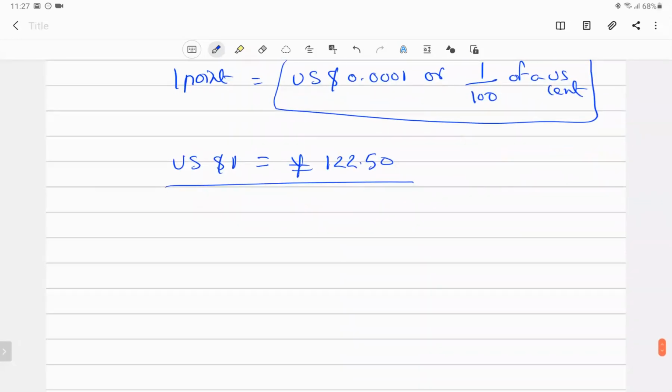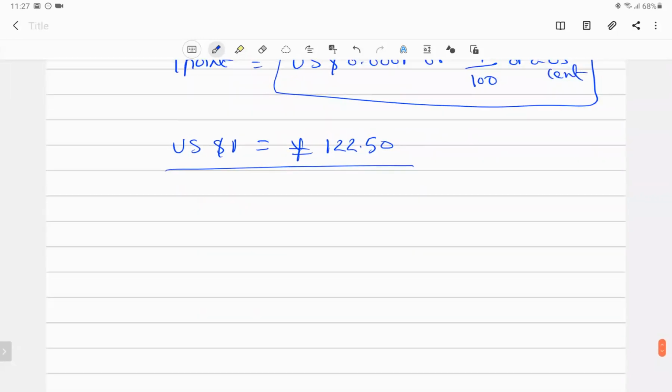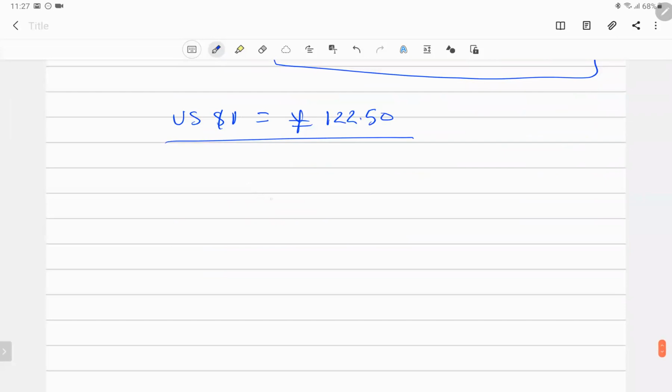I don't want to complicate this. In the same way for yen, 1 point in yen is nothing but 0.01 yen, or 1 divided by 100 of a yen.